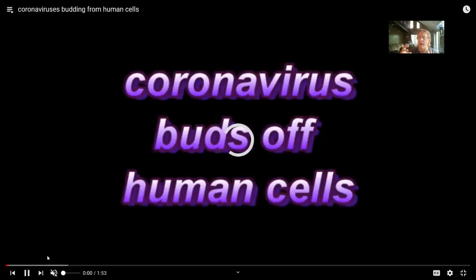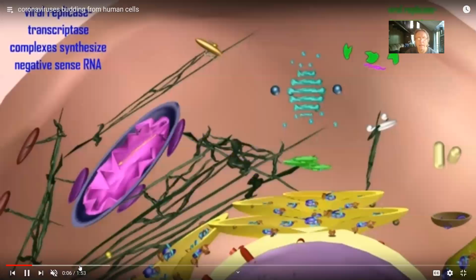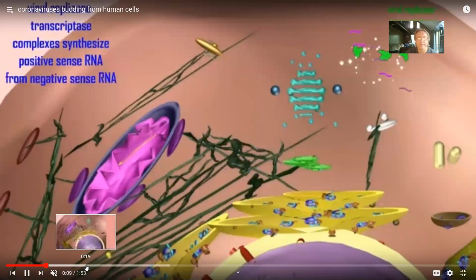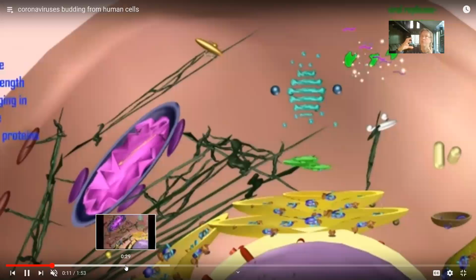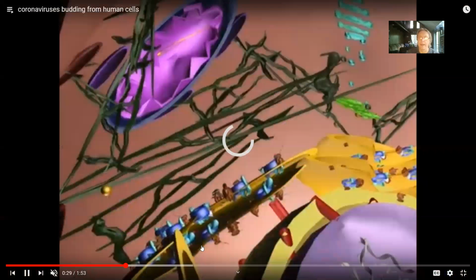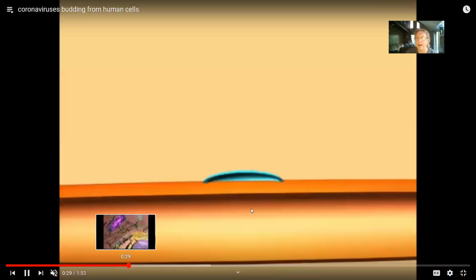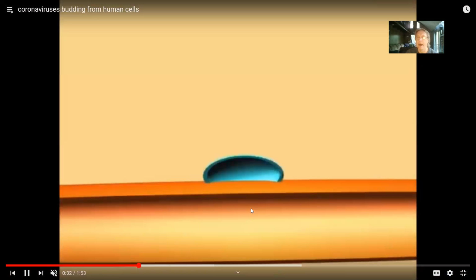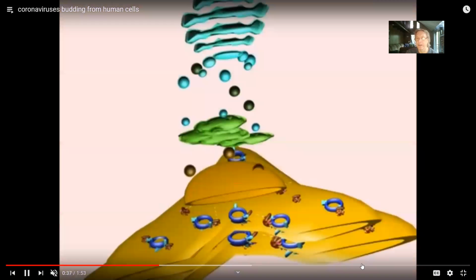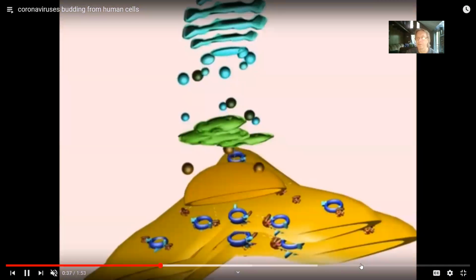But now that you have the virion with the viral proteins in human membrane with the viral nucleic acid inside, now it can then be released from the cell and bud from the surface.